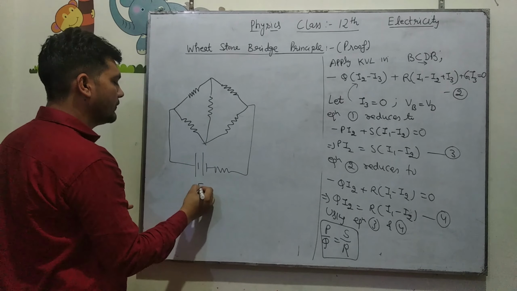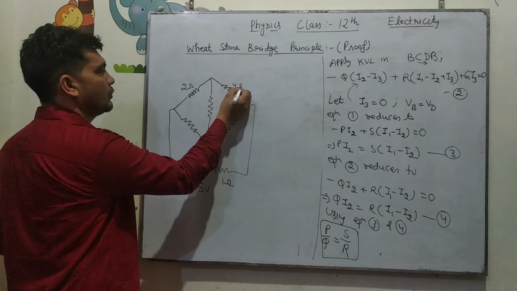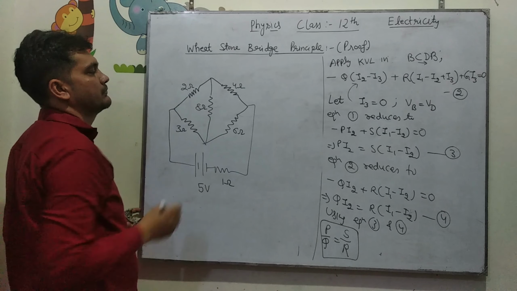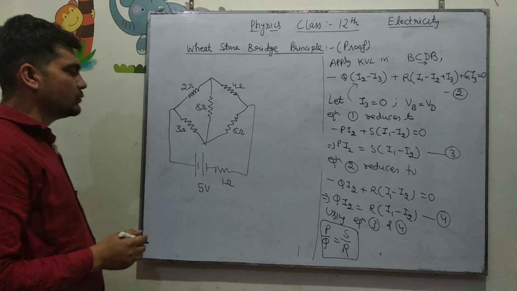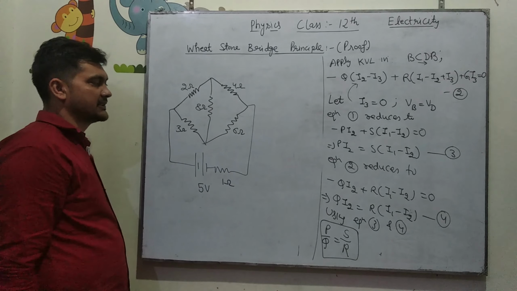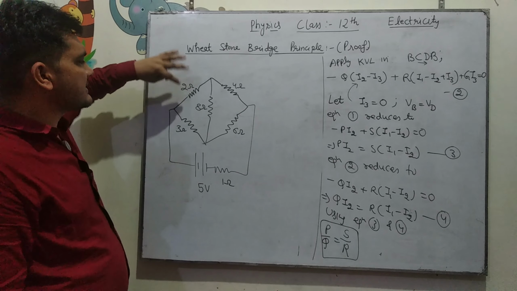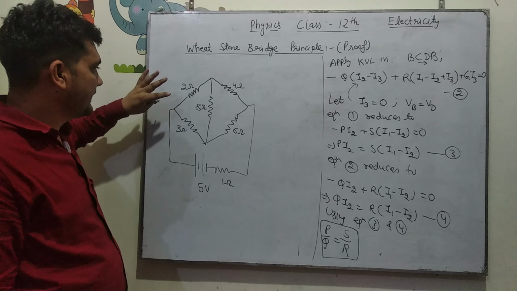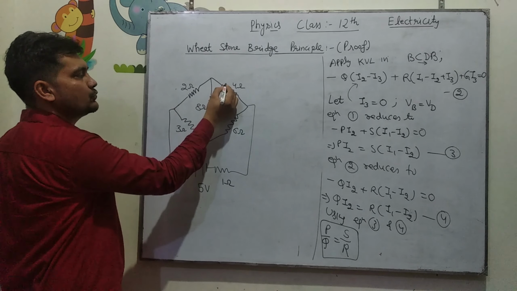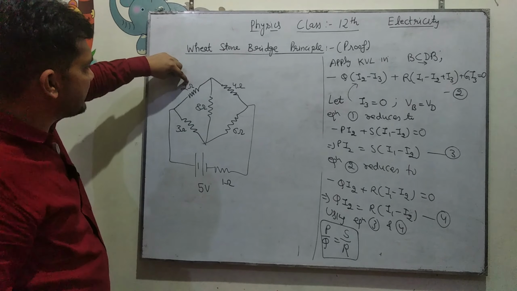Suppose you have 5 volt, 1 ohm, 2 ohm, 4 ohm, 3 ohm, 6 ohm and 8 ohm, and you want to find out the current in each branch. Then you simply see that this looks like a Wheatstone bridge, and suppose this is the resistance P, this is Q, this is R, S, and you see what is the ratio.